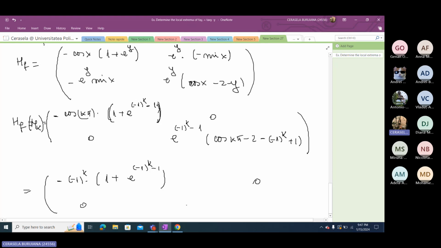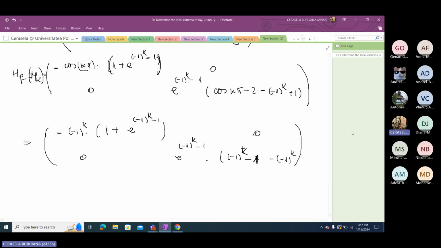Here, let's see what we get. It's e to the power (-1)^(k-1) times (-1)^k minus 2. But minus 2 plus 1 is only minus 1. Minus k.